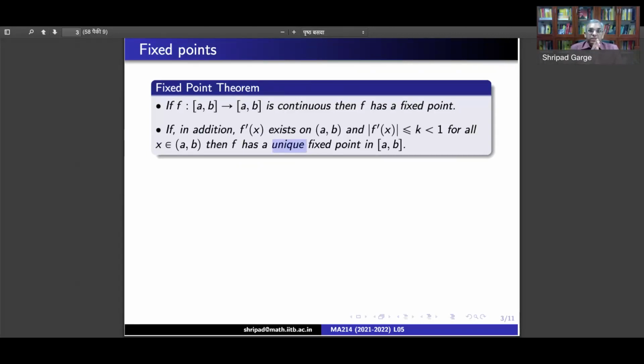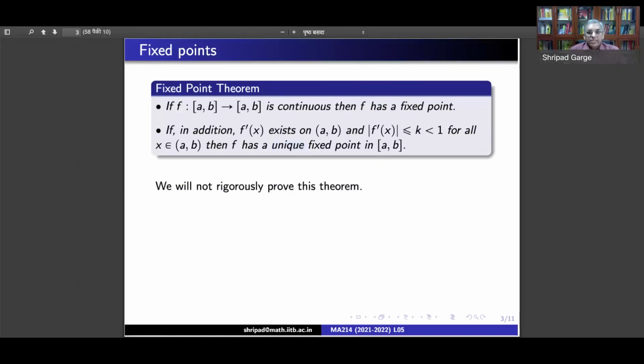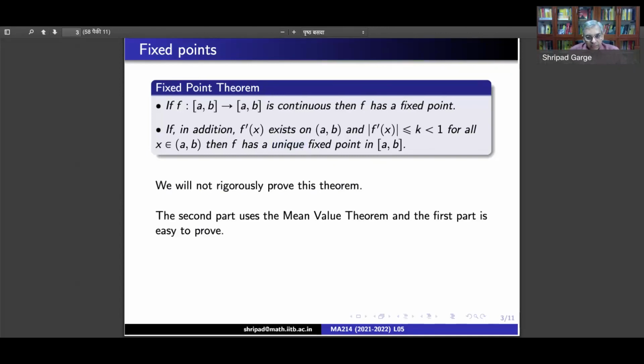First of all, whenever you have a continuous function from closed [a, b] to closed [a, b], there has to be a fixed point. This is point number one. And moreover, with a condition on the derivative, we have that the fixed point is also unique. We will not be proving this theorem very rigorously in this course, but the second part uses the mean value theorem.